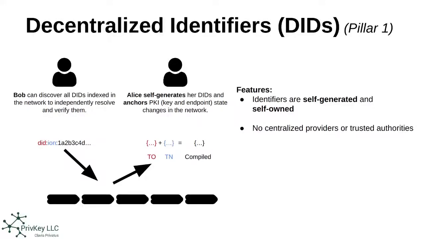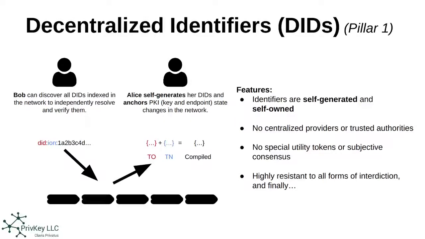There's no centralized providers or trusted authorities, so that's another feature of having it decentralized, because it's all distributed throughout the network. There's no special utility tokens or subjective consensus. We don't have to worry about another token. We talk about all these different blockchains that have their own tokens. That's not the case here.